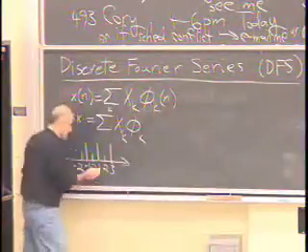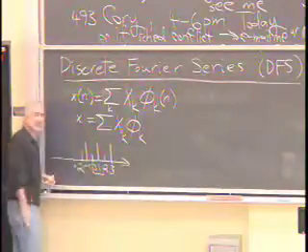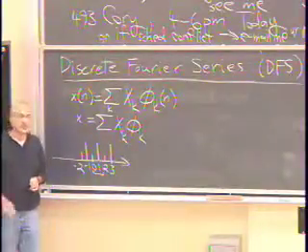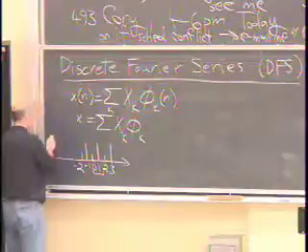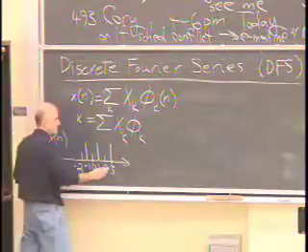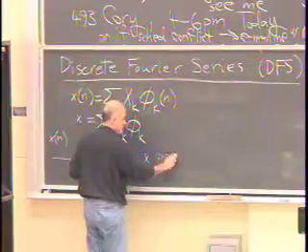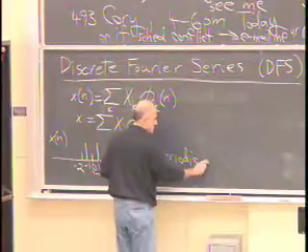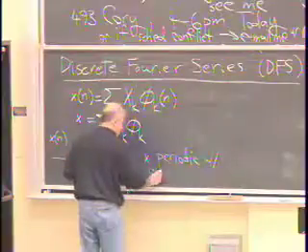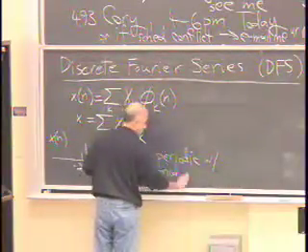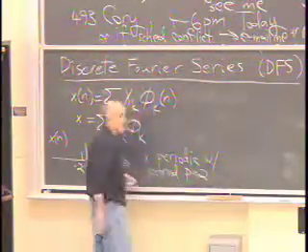x as a vector is essentially a stacked up version of values within one period. So x is periodic with period p equals 2.